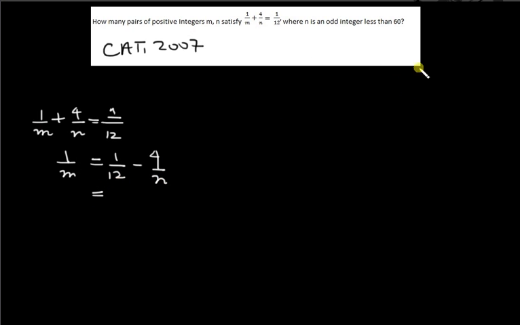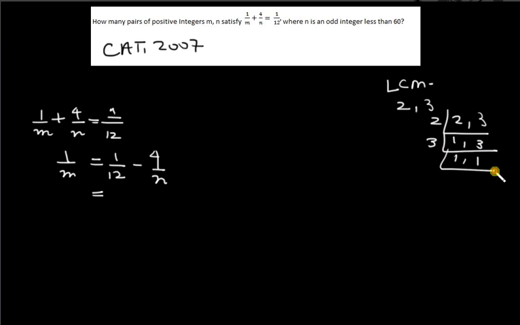We know that in the case of LCM, for example, I want to take LCM of 2 and 3. In a more formal way, I can write this like this: 2, 3, then 3, 1, then 1. Then for finding out the LCM, I multiply. So 2 times 3 is 6. So 6 is the LCM.